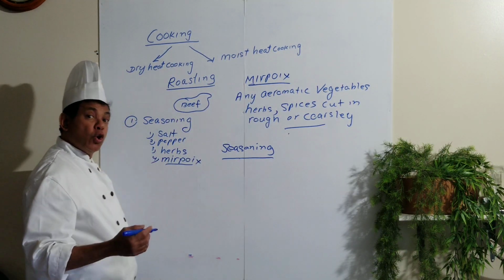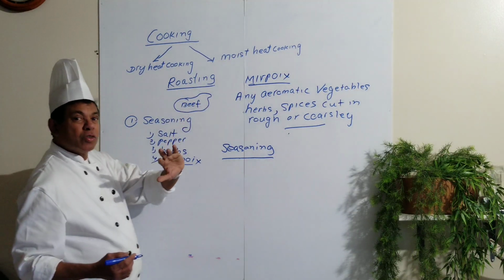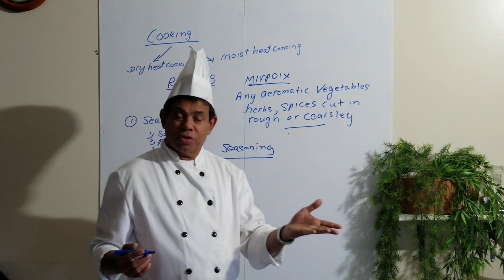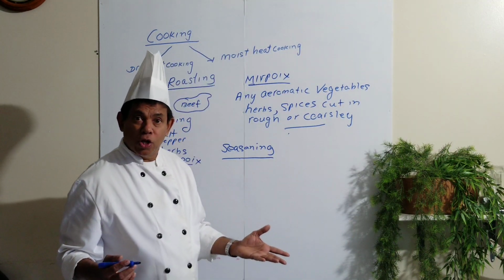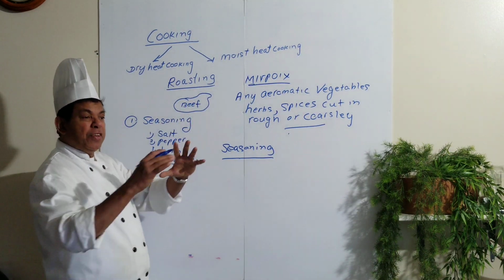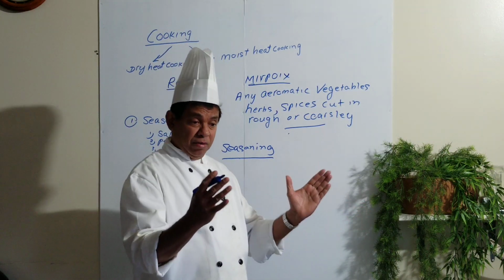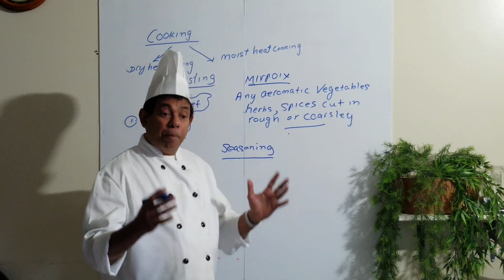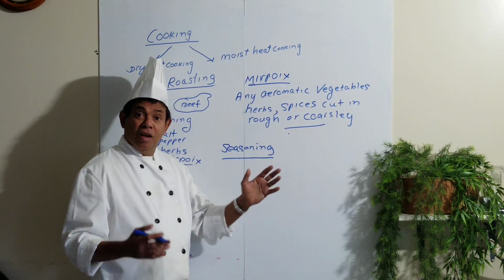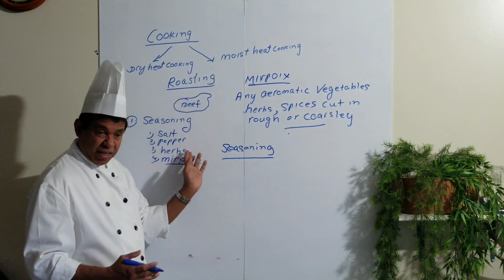Now, when we go to roasting, suppose this beef, I'm going to tell you some temperatures, just to start how to do the roasting. If it's a big piece, like 30 pounds, when you start the roasting, first season it like that.